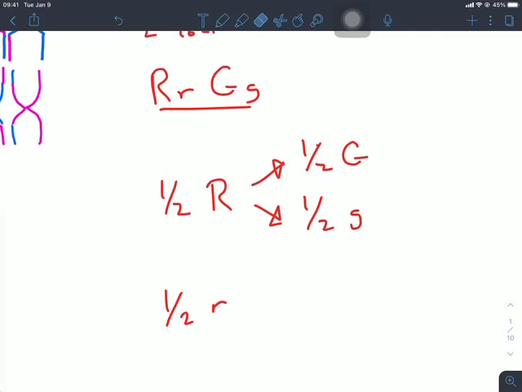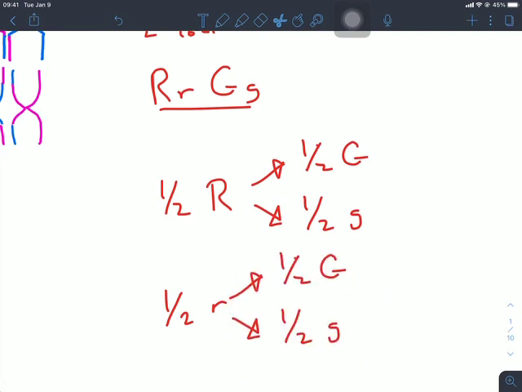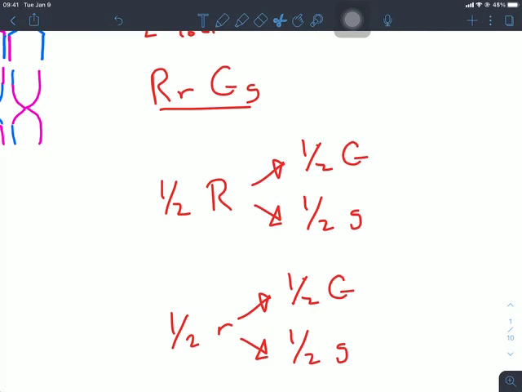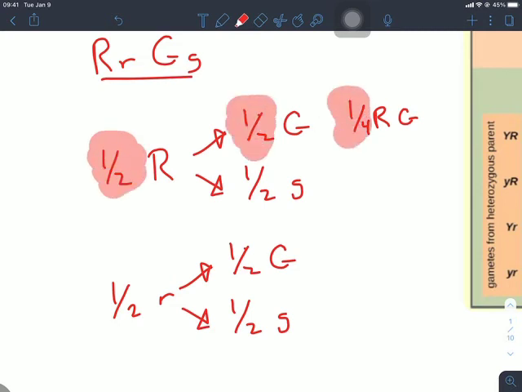The same is true for our lowercase r. This results in the 4 possible gametes of uppercase R, uppercase G, with a frequency of 1/4, which you get by multiplying 1/2 times 1/2 to give you 1/4.